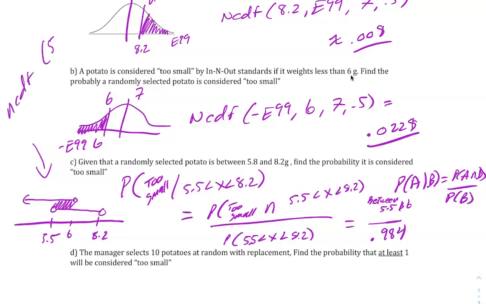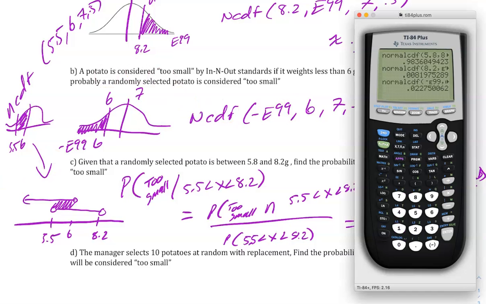Lower bound 5.5, upper bound 6. Everything else is the same. We're just trying to figure out the probability between 5.5 and 6. So we need a calculator for that. So second distribution, 5.5 and 6.